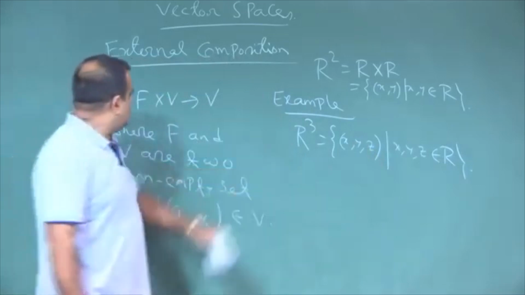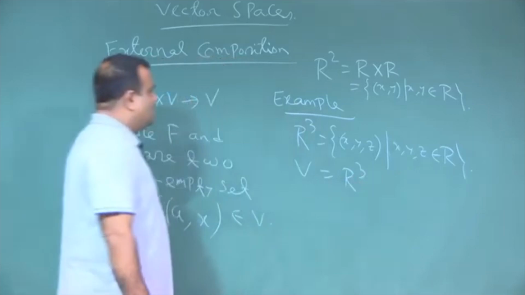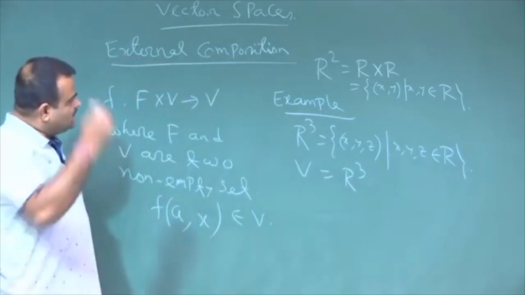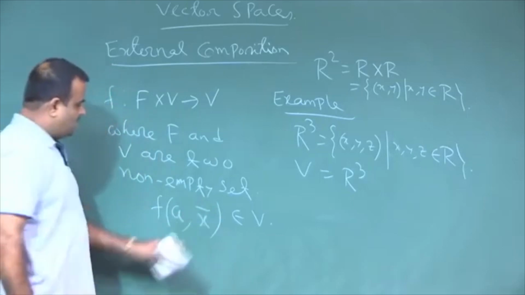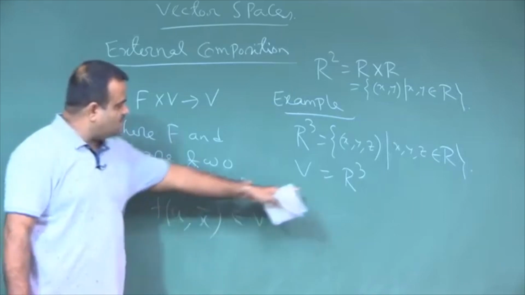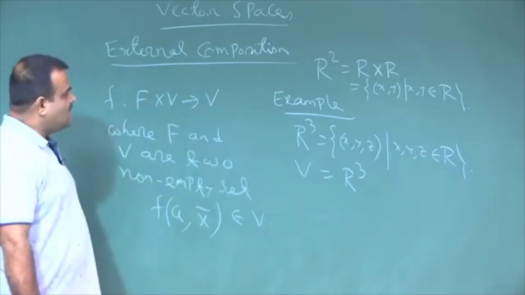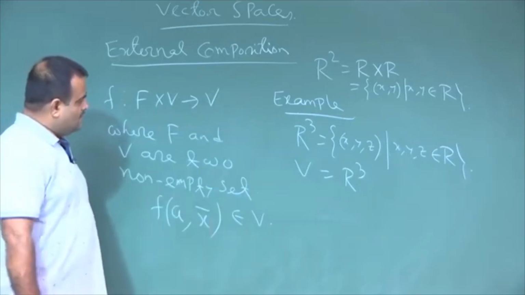If we take this as v, so v is basically R 3, these x y z are coming from the real numbers. I just denote this to distinguish the vector, which is an element of these 3-tuples, from x y z, which are real numbers.